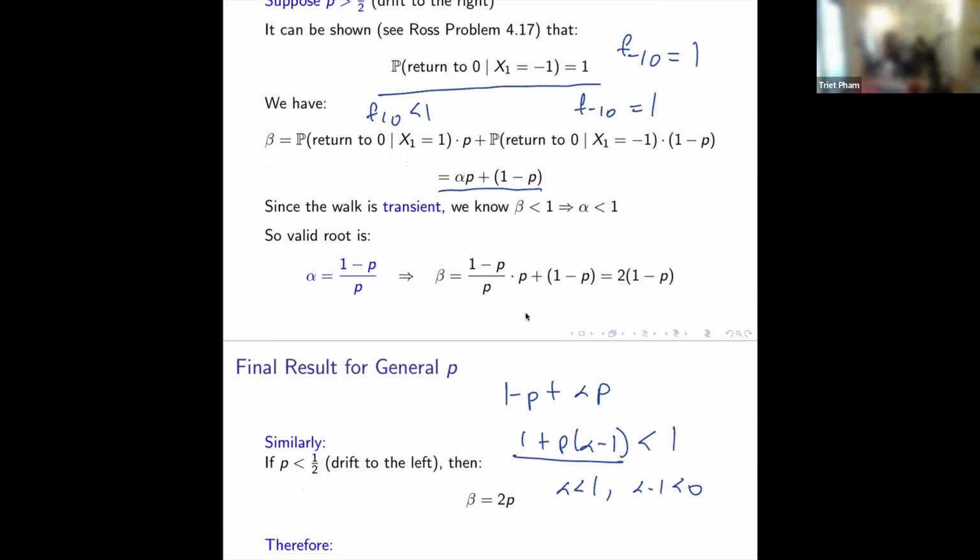And so f of 0 here is less than 1. And so in that case, this is transient. Any question here?